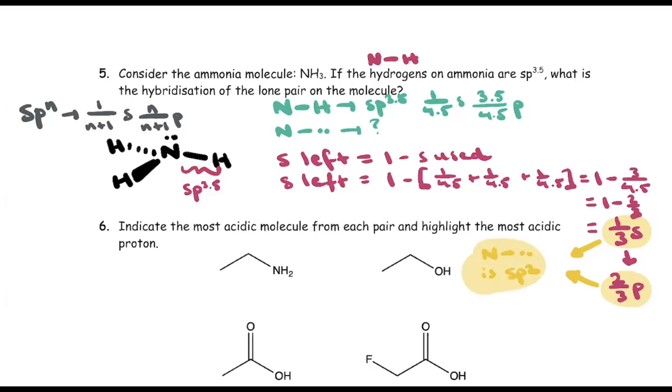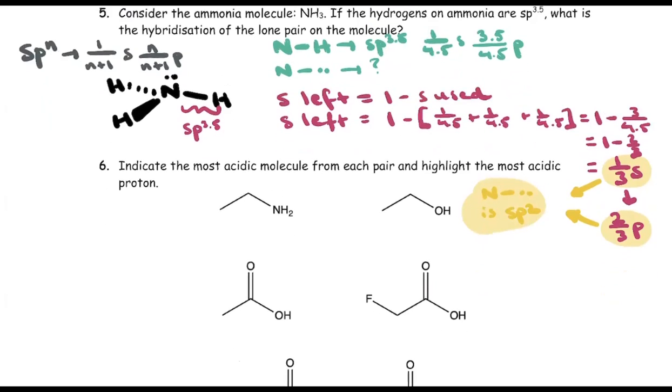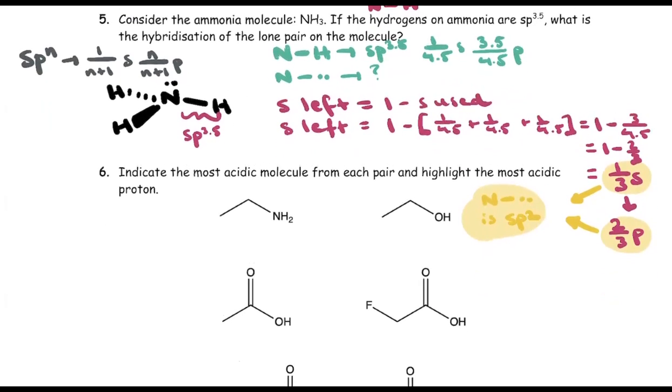All right. For the next one, it says to indicate the most acidic molecule, and then from each of those molecules, highlight the most acidic proton. In this case, we want to find out which part of the molecule is going to be the most acidic, either the amine or the alcohol.